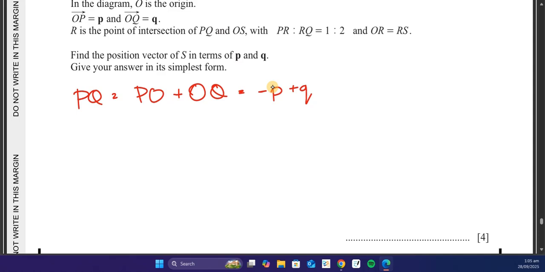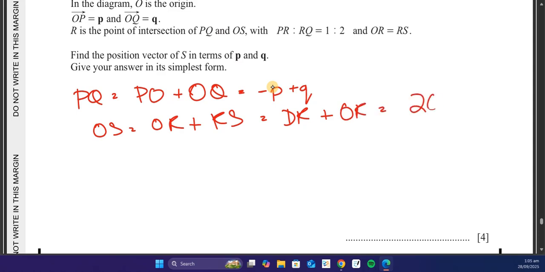Does that make sense? Okay, so OS is equal to OR plus RS, which is equal to OR plus OR, which is 2 OR. Make sense? Because you have the ratio over here.